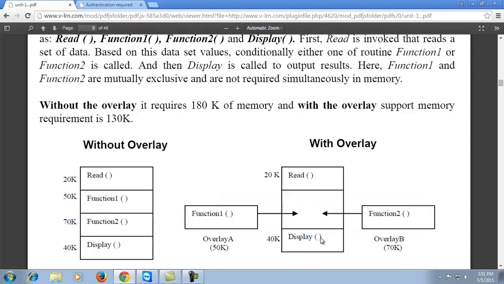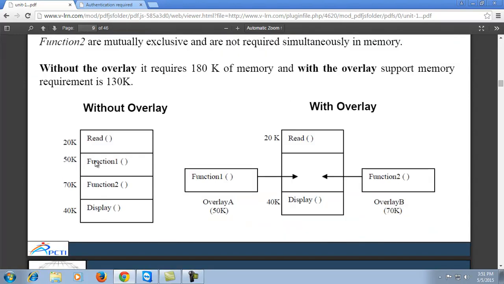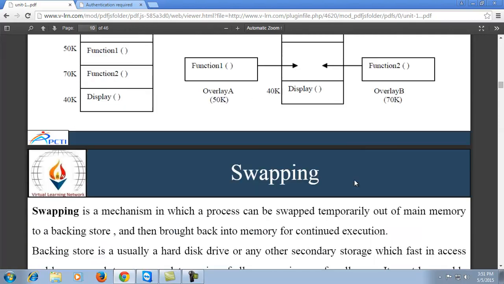Without overlay, the base is 20K and the upper is 40K. Function 1 overlay is 50K and function 2 is also an overlay in the same region, which requires 70K. We can allow them to be accessed in memory by providing overlay support in the system.